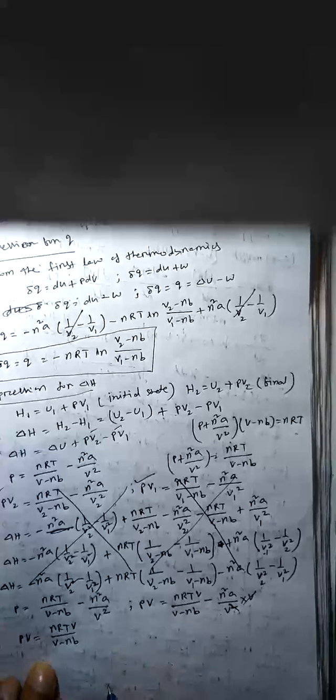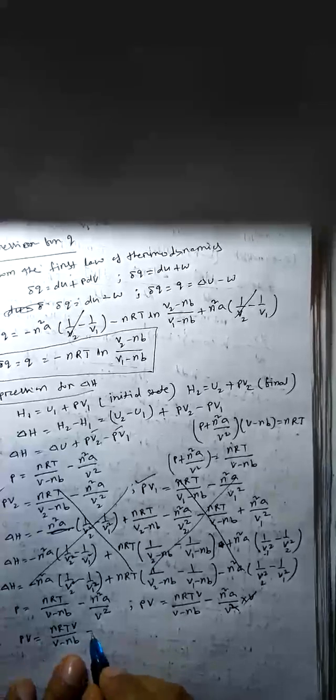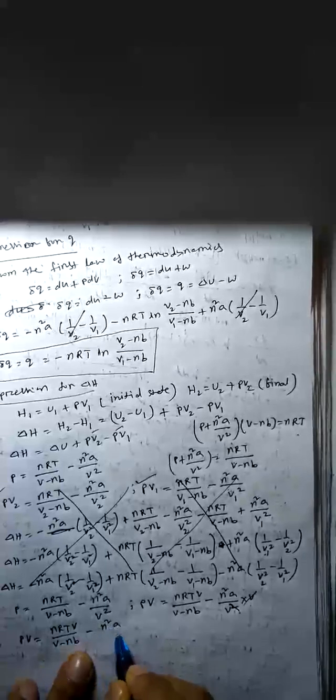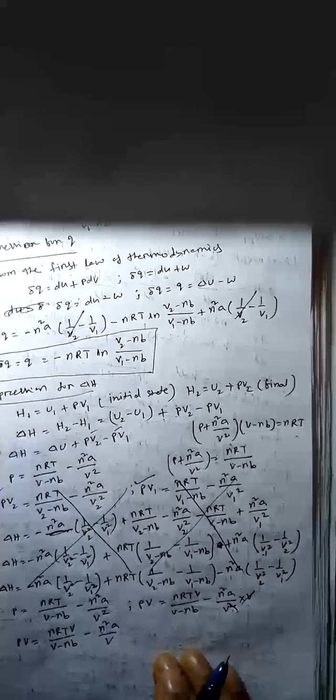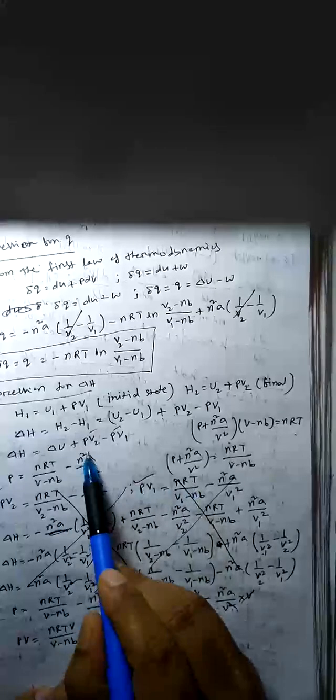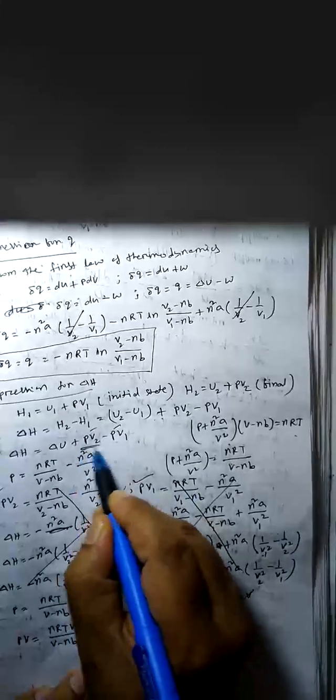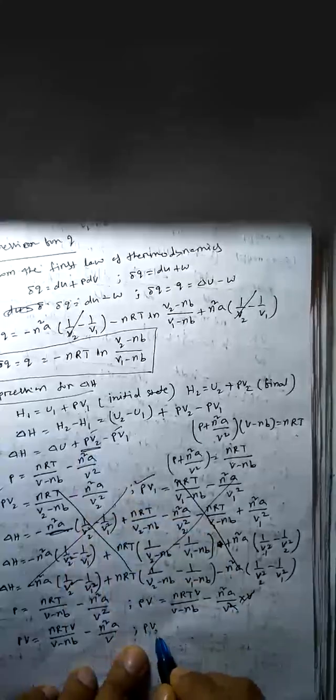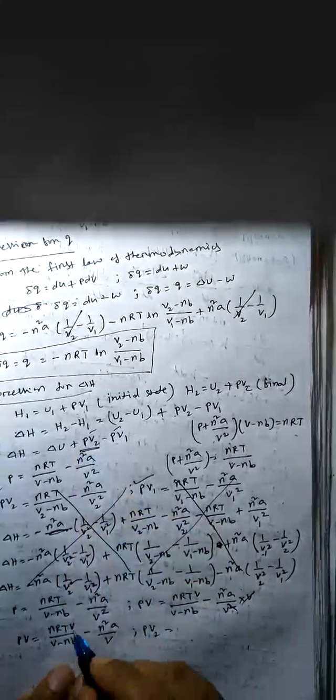Now your PV is equal to nRTV by V minus nb, then here minus n square a by V. This is equal to PV. Now I need PV2. This PV2 is equal to, in place of V, I write V2.